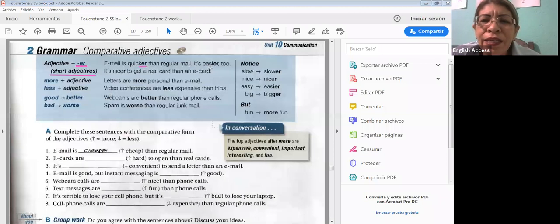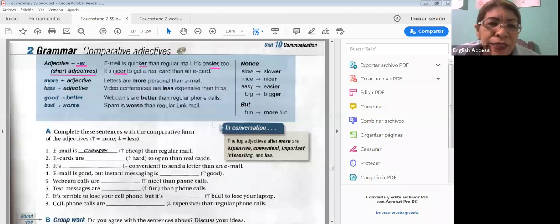Easy, easier. Email is quicker than regular mail and it's easier too. Instead of nice, we're going to say nicer. It's nicer to get a real card than an e-card.